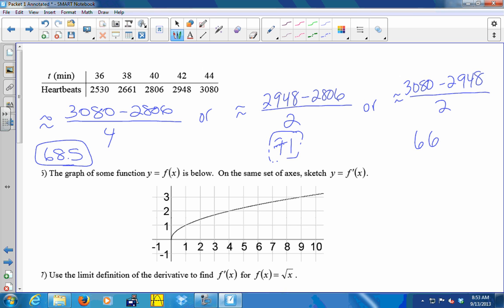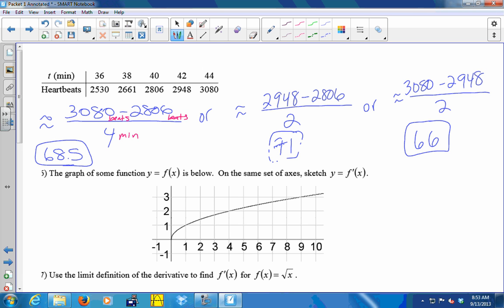Okay. So let's think about what the units are on these numbers. The numerator of what I calculated here, 3080 minus 2806, these are heartbeats, right? So these are beats, and 4 is minutes. So my numerator is beats and my denominator is minutes.